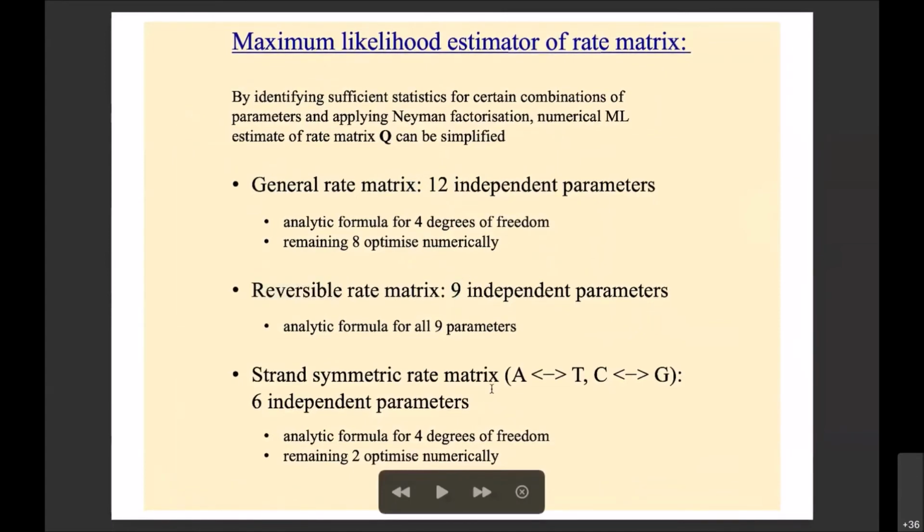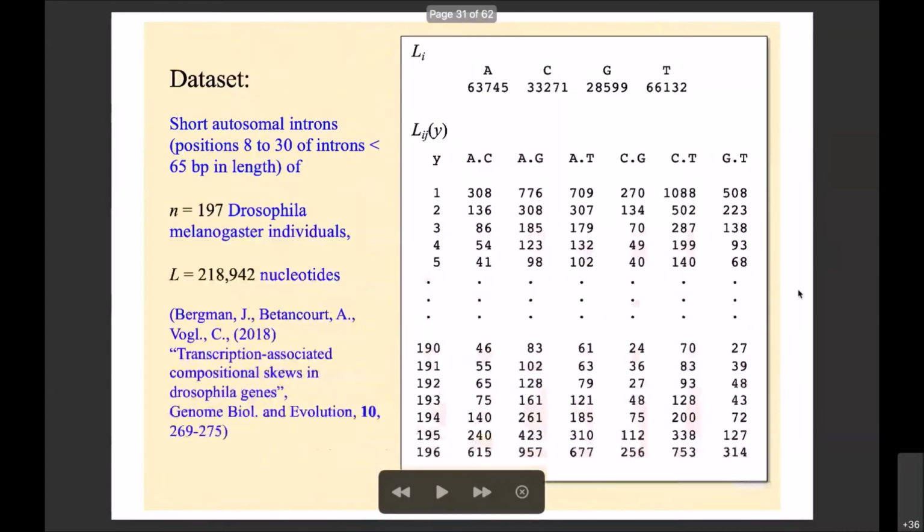Or you can use strand symmetric, which says if I swap around A's and T's and C's and G's, then the data should be, on average, insensitive to making these transitions. And that only gives you 6 independent parameters. And bingo, here's the data set we started with.